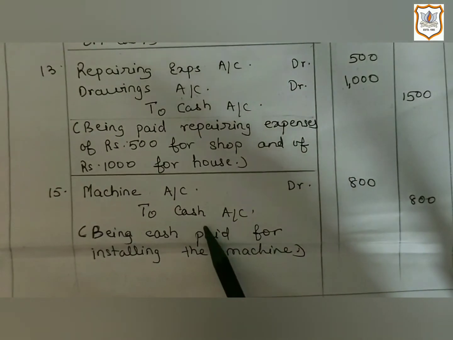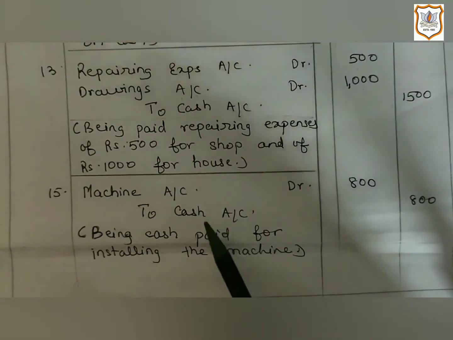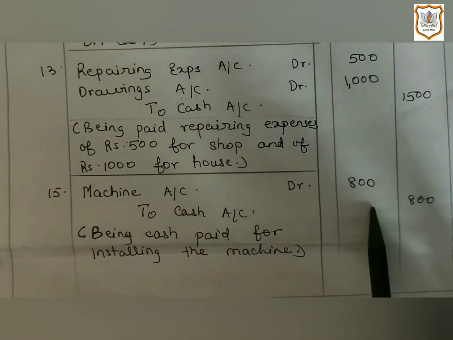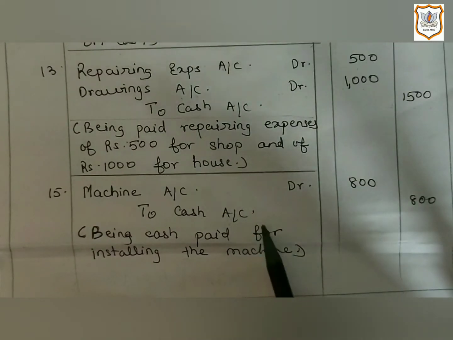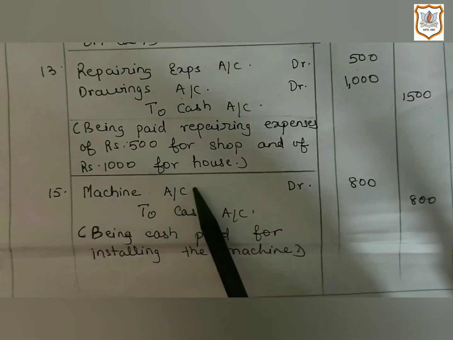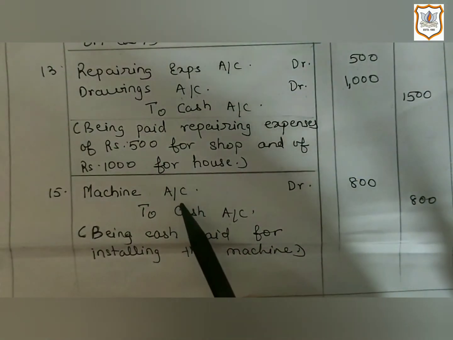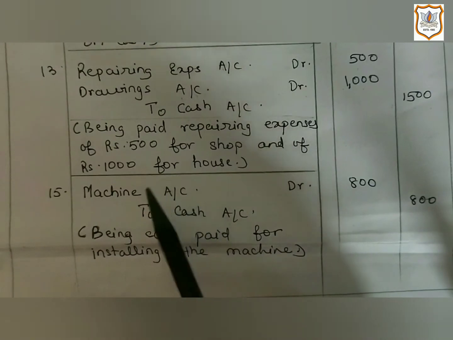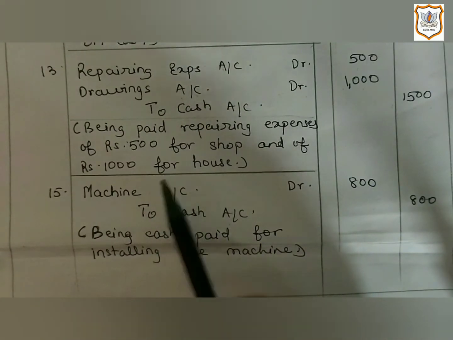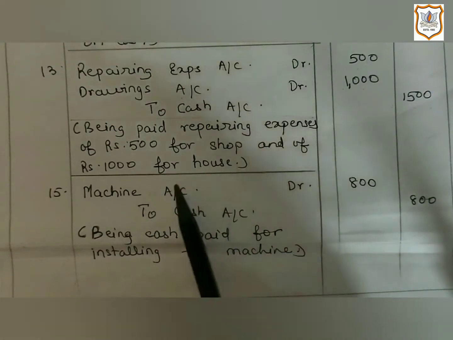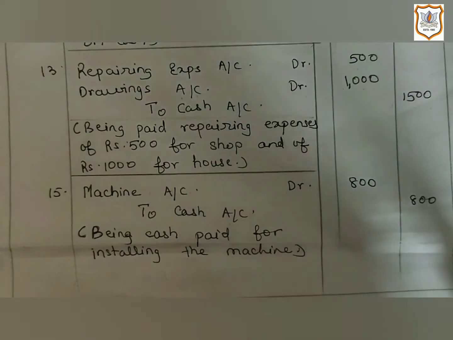So as per the rule of real account, cash account will be credited as cash is going out of business. Here also we have applied the rule of real account. This expense is related to the purchase of machine. It increases the value of machine. So here machine account will be debited.